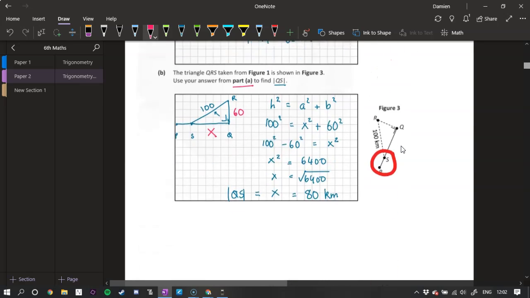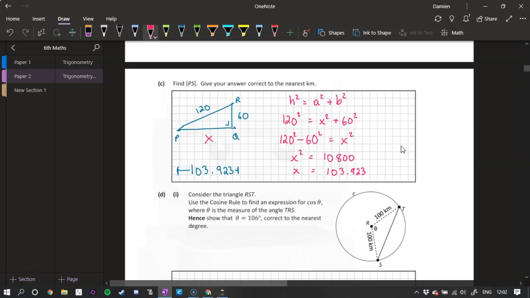So S to Q is 80. So S is actually in here. So now what we have is S to Q is 80 from here to here, but we know the full thing is 103. So to find PS then, it's going to be 103.923, and you're going to take away 80.